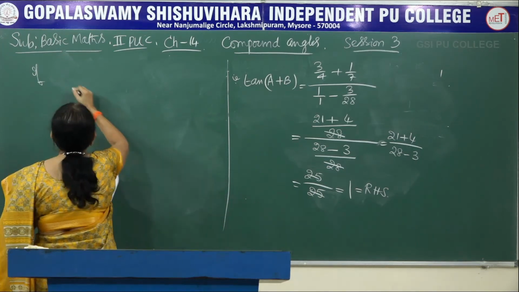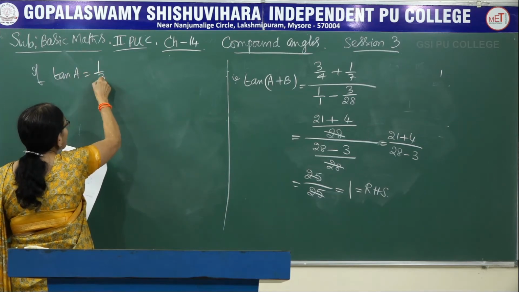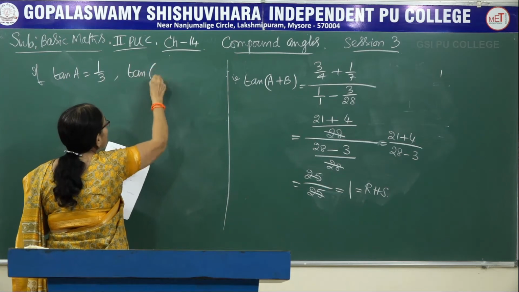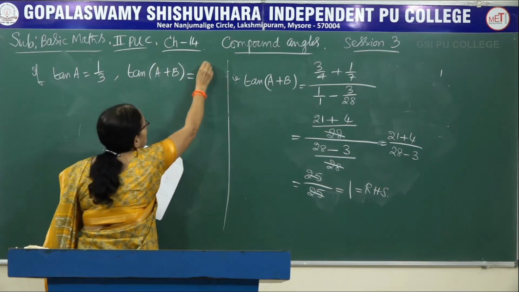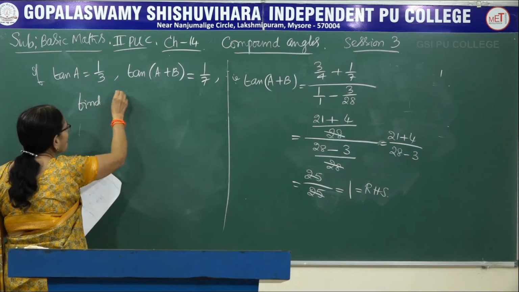If tan of A is equal to 1 by 3 and tan of A plus B is equal to 1 by 7, what has to be calculated?